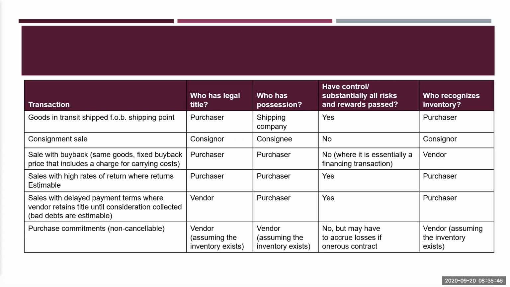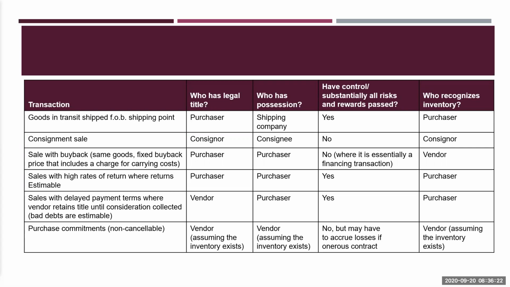Sales with a high rate of return, where returns are estimatable: in that case, the purchaser has the legal title. They also have the possession. The risk and rewards have transferred, and the purchaser will record the inventory on their books. Sales with delayed payment terms, where the vendor retains title until considerations are collected, that is, bad debts are estimatable: in that case, the legal title belongs to the vendor, although the possession belongs to the purchaser.